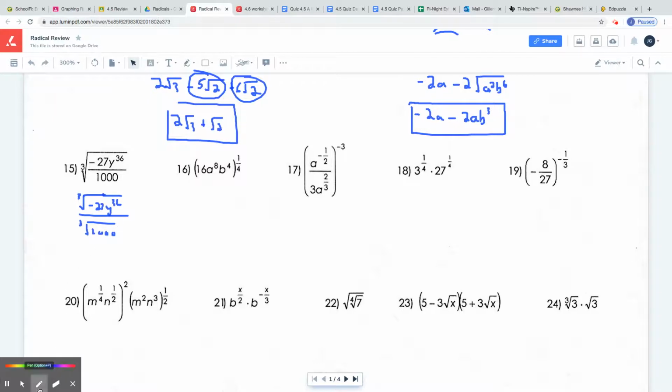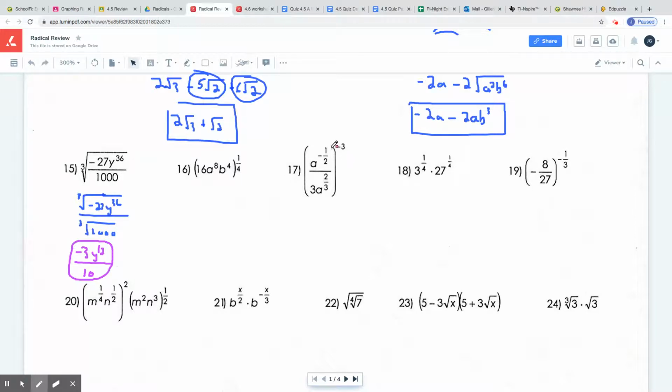Which is negative 27. You can have a negative in there. It's fine. It's negative 3. Y to the 36. 3 goes into 36 12 times. So it's y to the 12th. And the cube root of 1,000 is 10. There's your answer. Negative 3 y to the 12th over 10.